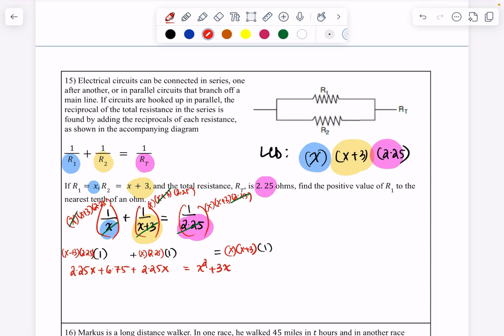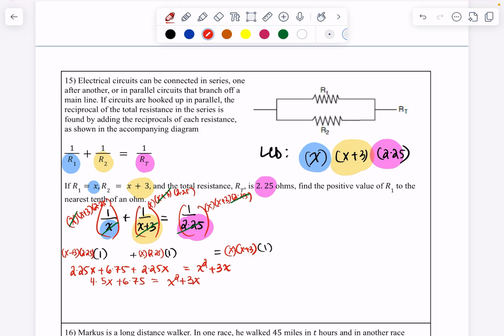So now we combine our like terms. 2.25x plus 2.25x, 2.25 plus 2.25 is going to give us 4.5. So we have 4.5x plus 6.75 is equal to x squared plus 3x.